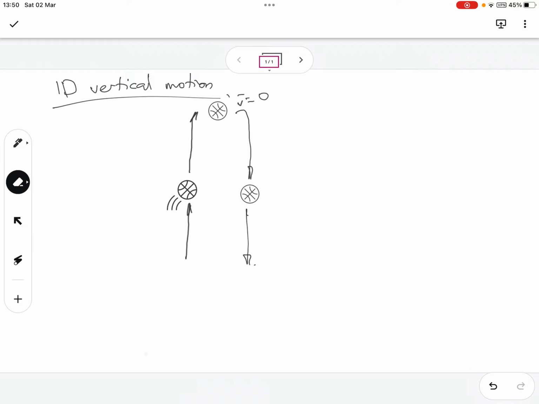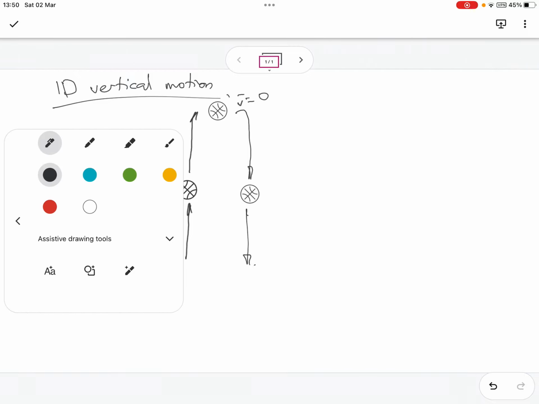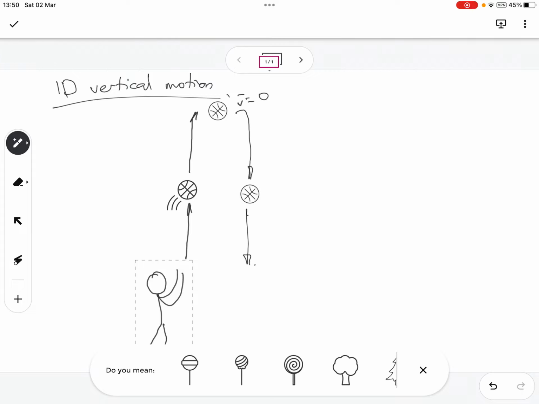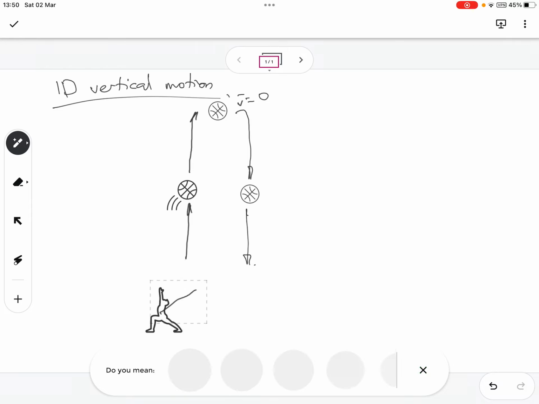Right, so this just shows us, if someone is throwing up a ball, let me draw. There's a guy throwing a ball up in the air. Our guy throws the ball up, but that's actually Warrior 1 from yoga, but okay.